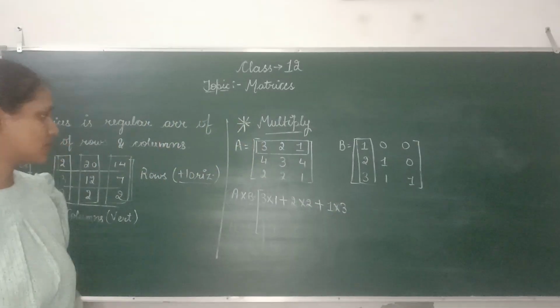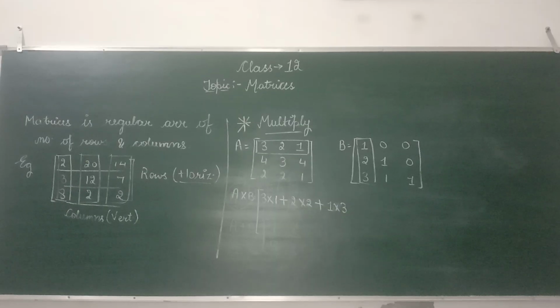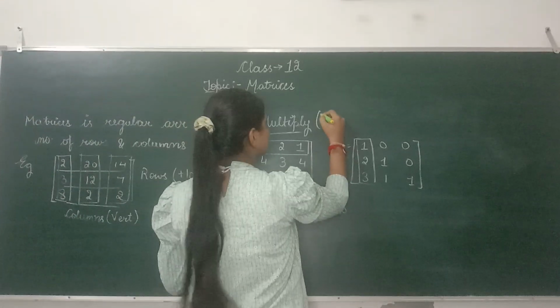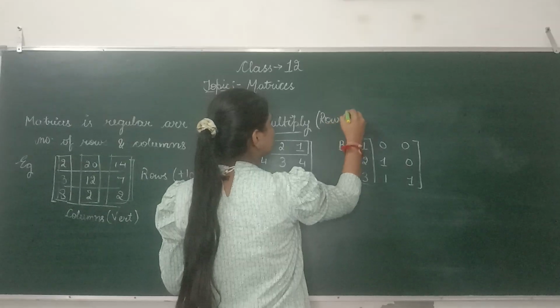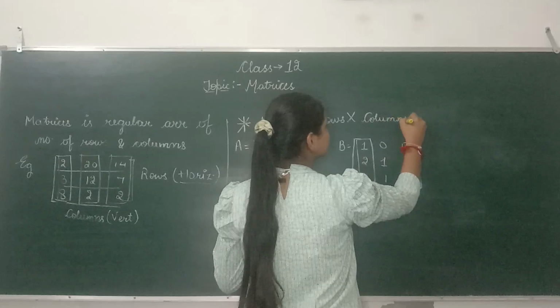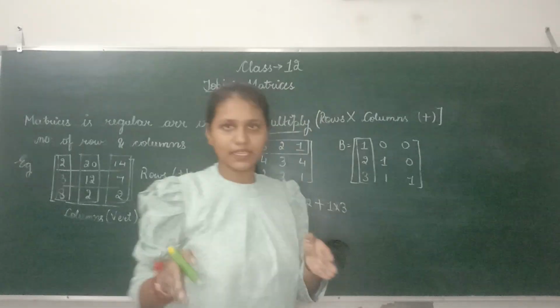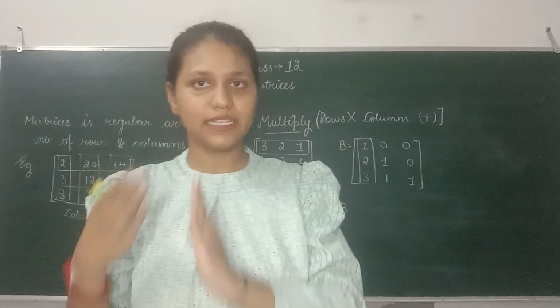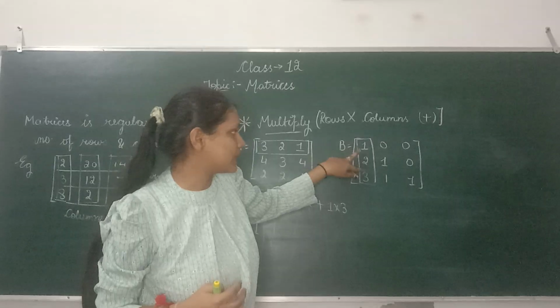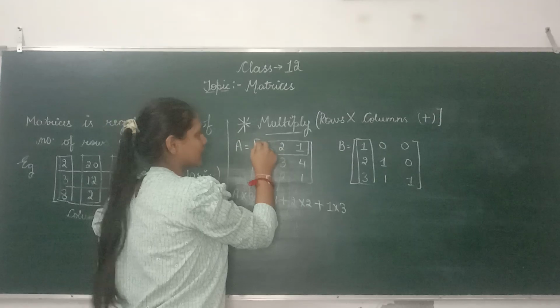So in the multiplication of matrices, the rows are multiplied by the columns, by writing addition in between. The first row is multiplied by the column by adding.